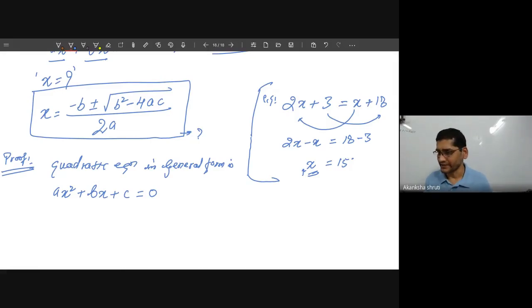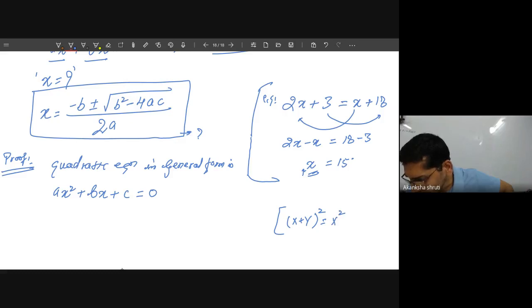But how to combine that? That is the next question. So identity, if we write it here, consider x plus y whole square. It gives us x square plus twice of xy plus y square. Here it is capital X and capital Y. Student, we can take one of the variables, say capital X, then the x square term is there, and in the second term this x is also there.